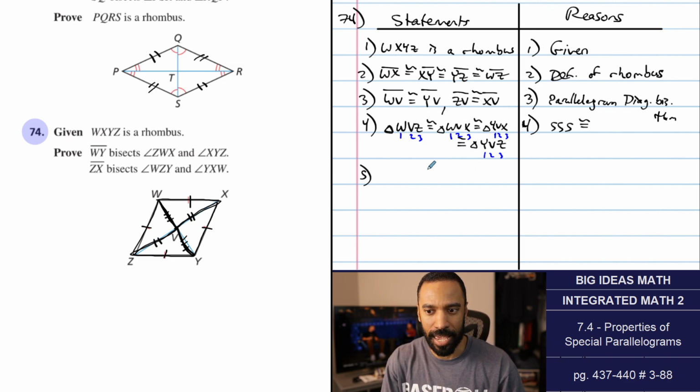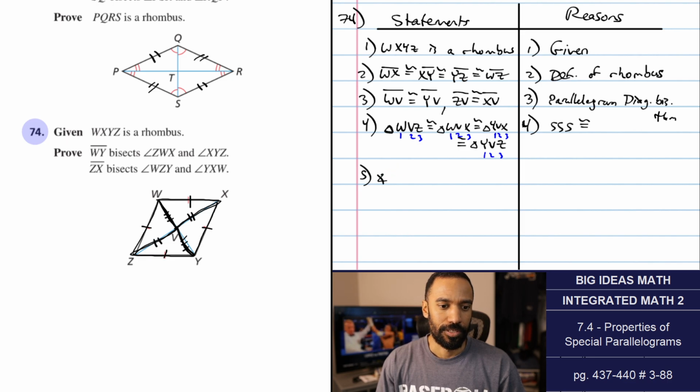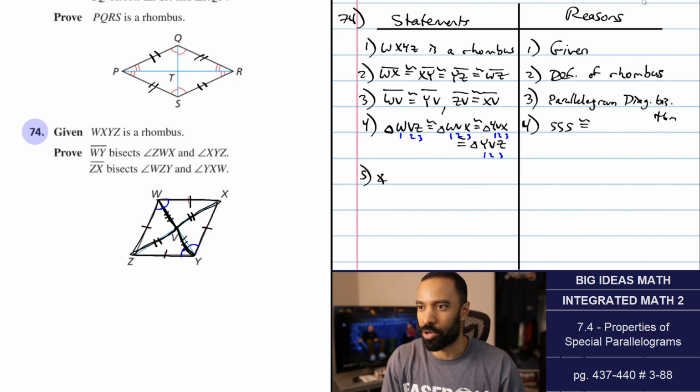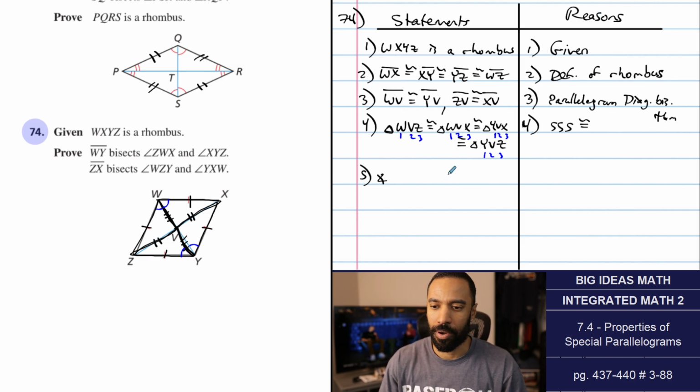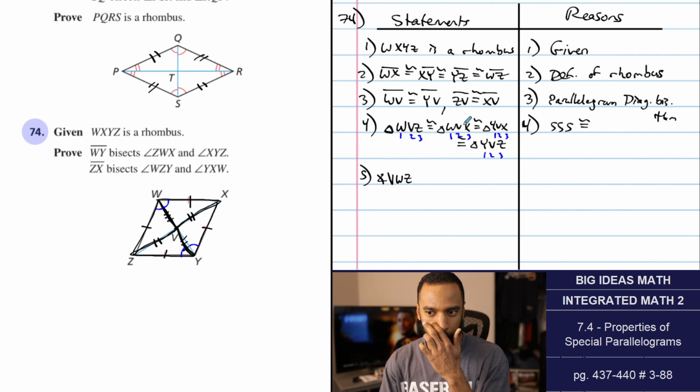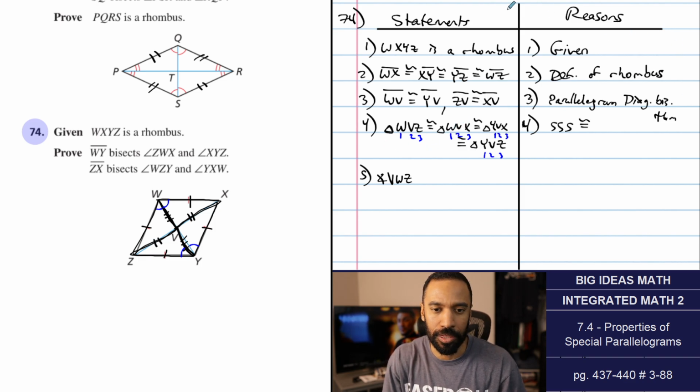I'm allowed to say now that, see, it's all about the bisectors. I'm now going to say that this angle is congruent to this one and this one and this one. Why can I say those are all congruent? Because look at how I'm going to call this. I'm going to call angle VWZ. Maybe I should have called the triangles by the V's to start with.